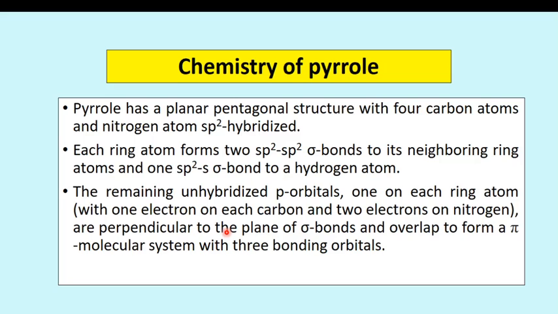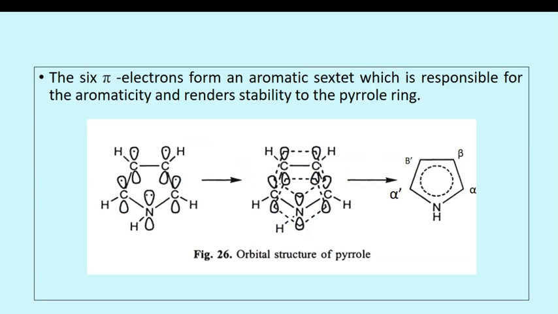It contains 6 pi electrons, 1 pi electron on each carbon atom and 2 pi electrons on nitrogen. So a total of 6 pi electrons are present. That's why this pyrrole ring is known as a pi-excessive heterocycle. The 6 pi electrons form an aromatic sextet, which is responsible for the aromaticity and renders stability to the pyrrole ring.